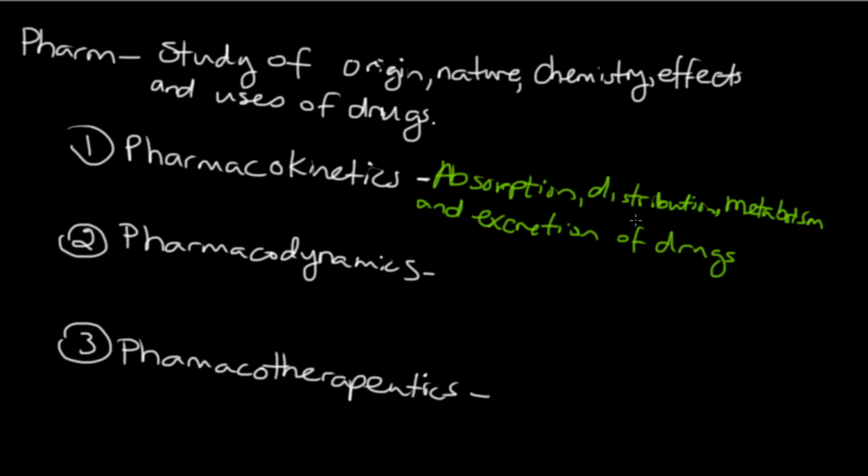So pharmacokinetics is how the drugs are absorbed in our body, how they're distributed, how they're metabolized into simple chemicals or simple molecules, and then how those molecules are excreted from the body.